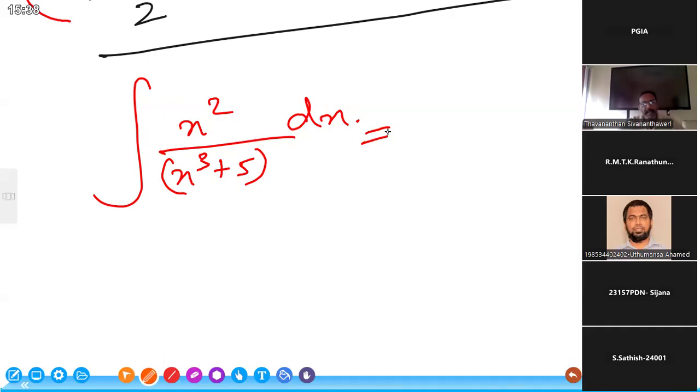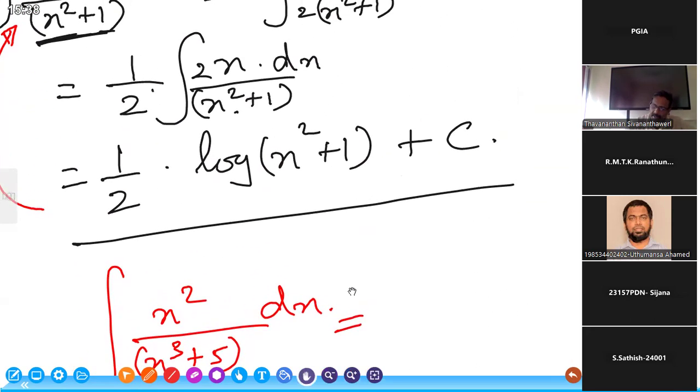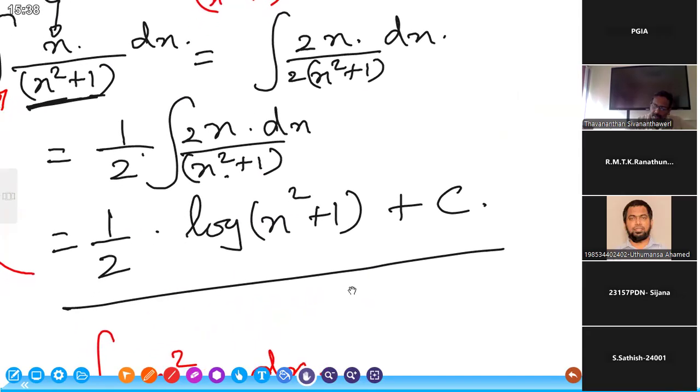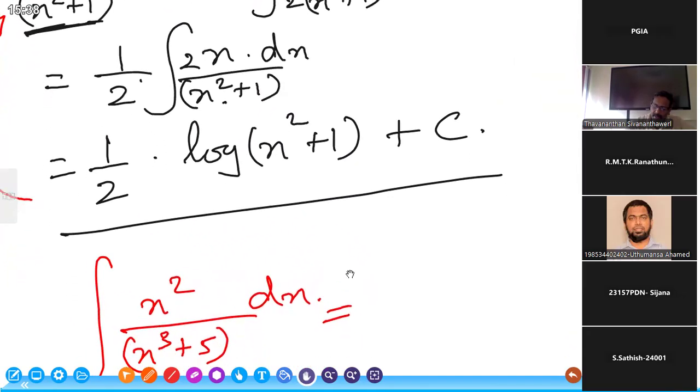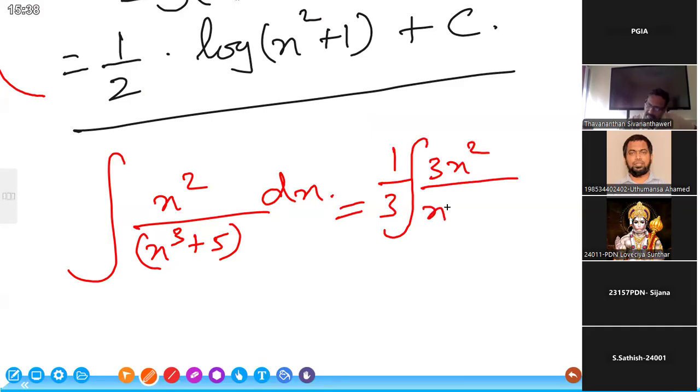What is missing in the numerator? Similar to the earlier one, we want to add 3. We can write it as 3x square divided by x to the power 3 plus 5 dx.